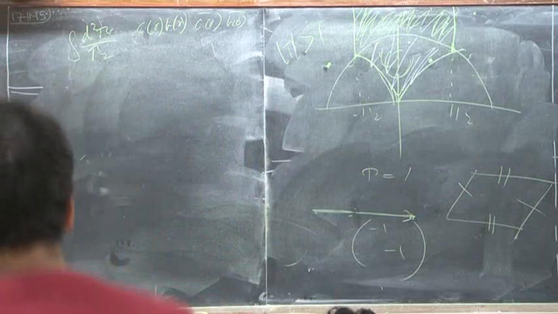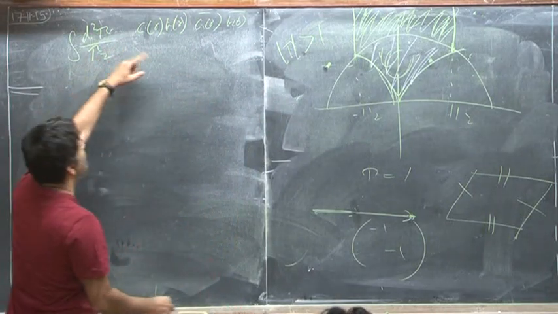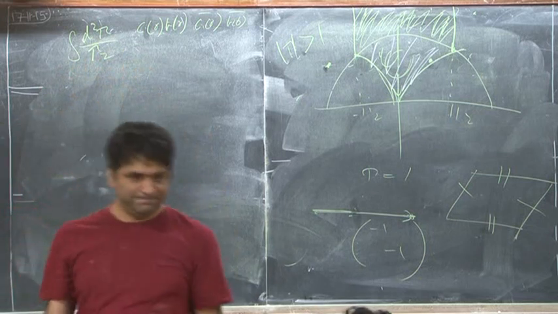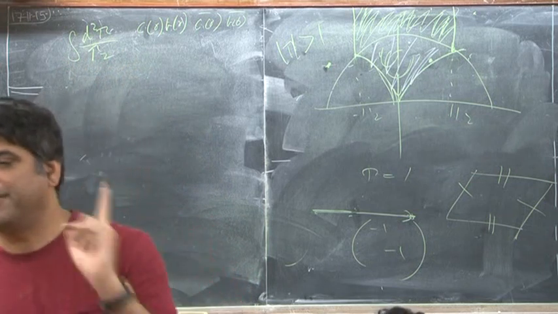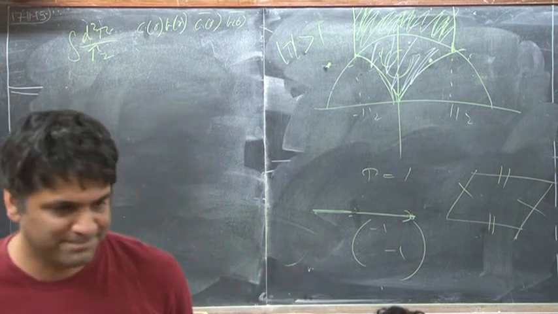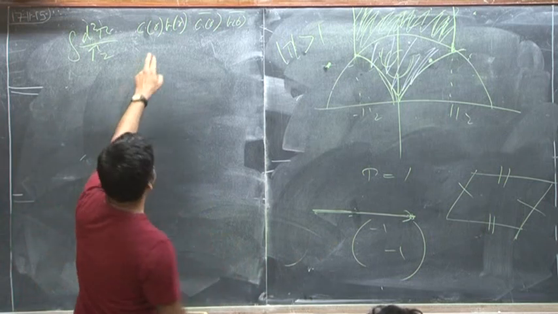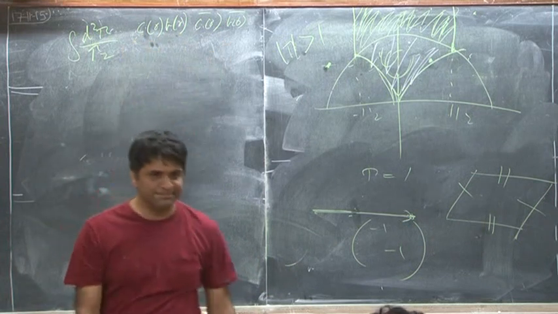In order to do that, what we need is the partition function of the conformal field theory on a torus of modular parameter tau. The partition function in the bc system, together with these insertions.